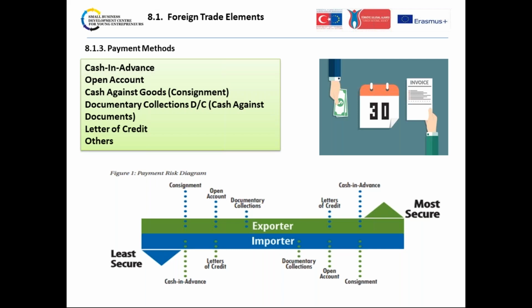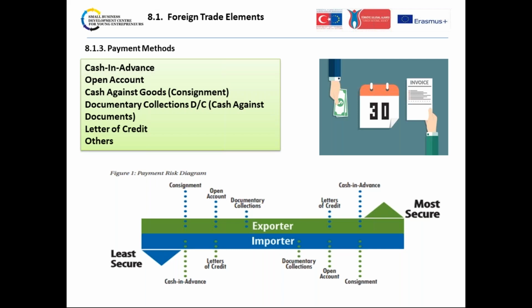As you see at the right of the screen, it says most secure. So what is this? Cash in advance. That means before you produce your goods, you take your money from the customer and then you send the goods. This is the most secure and guaranteed way for the exporter.